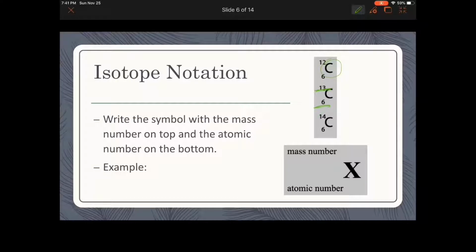And this little symbol here, this X, is just a placeholder for any atomic symbol that we have. And then we put the mass number on top, atomic number on the bottom. And the mass number can be the one on the periodic table, or it can be one given to you that you've calculated because you know the number of neutrons is different than what the periodic table has.